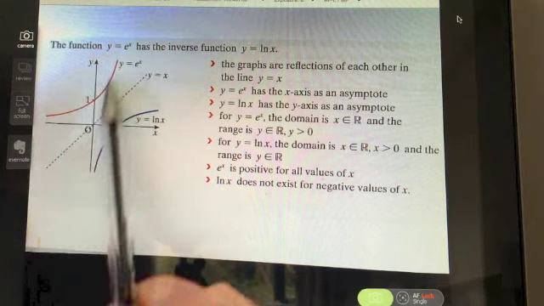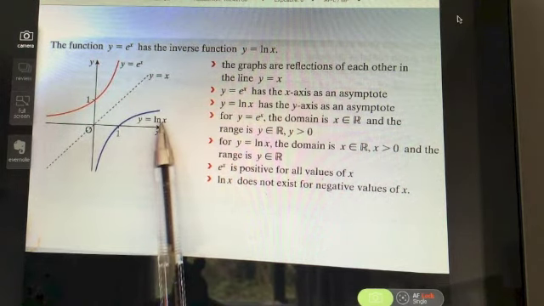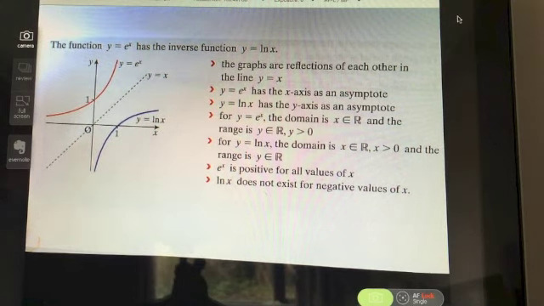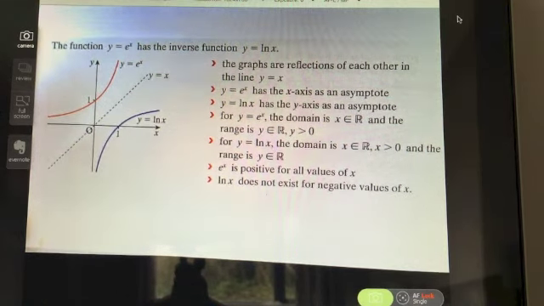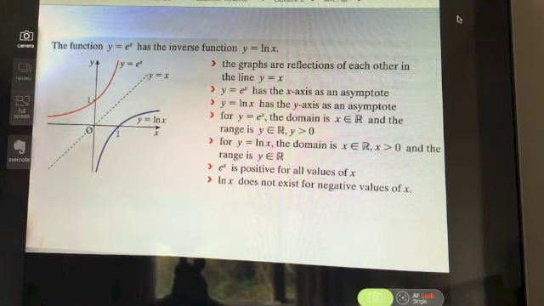The exponential function e to the x has the x-axis as an asymptote. Ln x has the y-axis as an asymptote. For y equals e to the x, you are only going to get positive values. For y equals ln x, you do not have any values for when x is negative. So the range is always the real numbers.